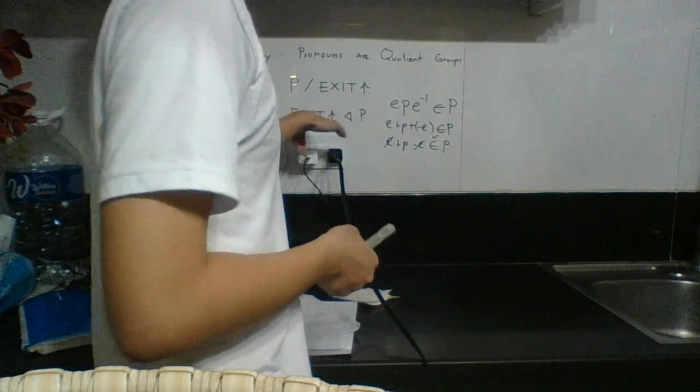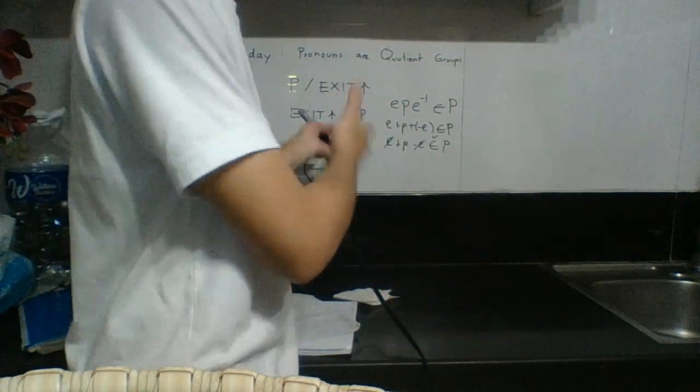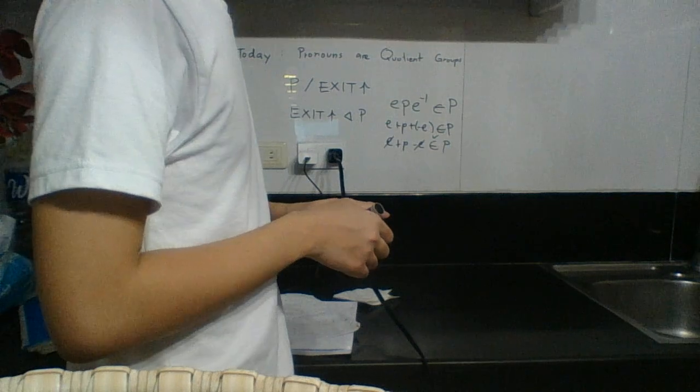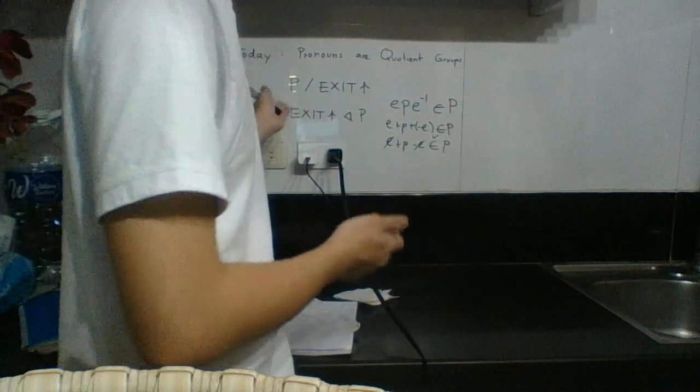Why, if e is an element of exit, it's a normal subgroup. But we haven't specified yet what exactly the elements of exit are. In my compendium, the section that concerns this, I treated exit as a singleton set, such that exit up arrow is a symbol for a congruence class that contains itself and its additive inverse, which is minus exit up arrow, or if you want to think of it in abstract terms, exit up arrow to the -1.